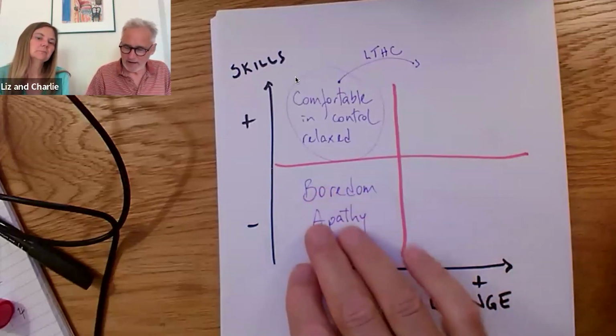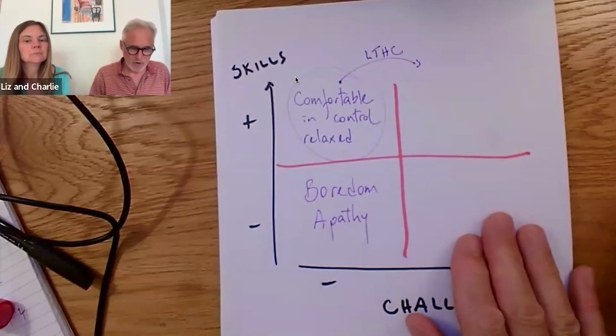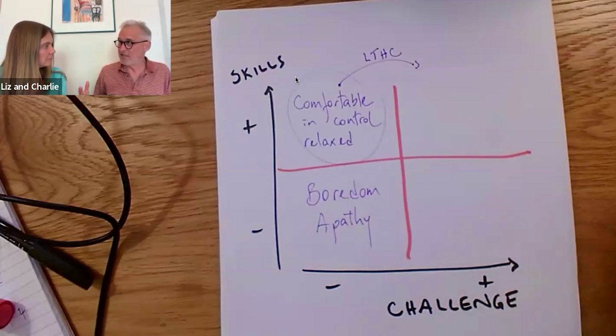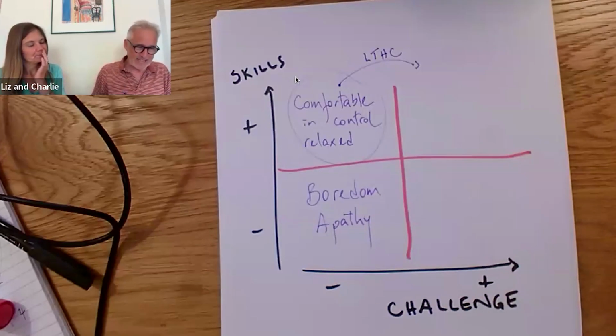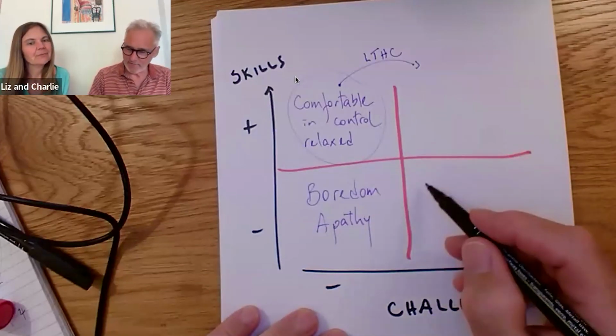So another possibility for getting out of the bottom left is to go right. And on the right, you've got a high challenge, but perhaps the students don't have the skills required. So in this case, chances are that our students are going to feel very uncomfortable.